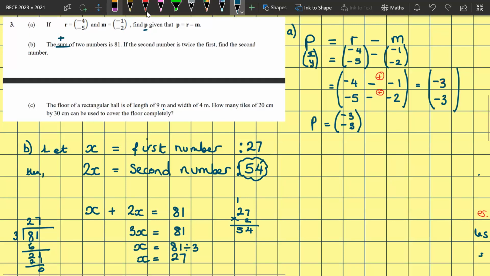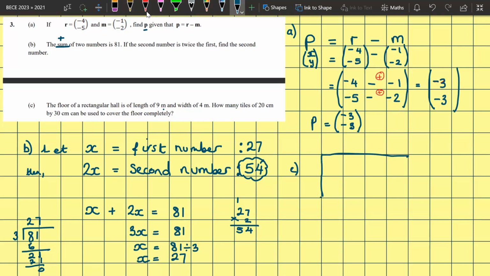Now, part C. Okay, I've got a bit of writing here. Just clear that off. Okay, part C. There is a floor of a rectangular hall. I'm an advocate for using visual representations for questions. So I would sketch a rectangle. Okay, not a perfect one.